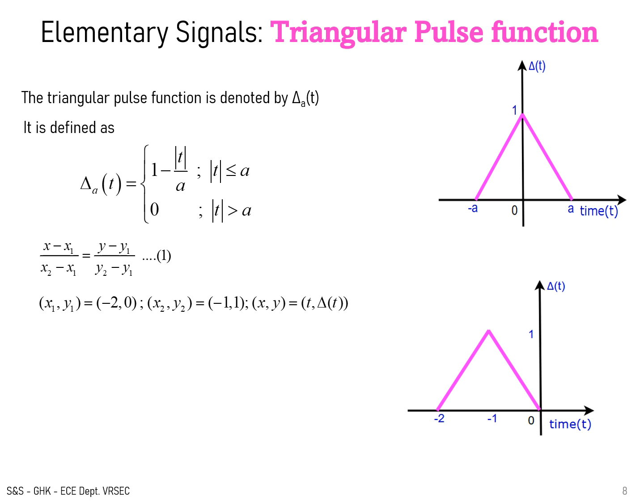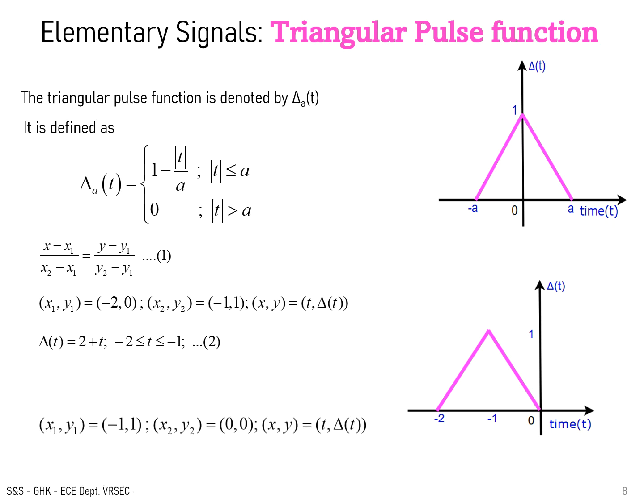Substituting all these values in equation 1, the equation for delta of t, that means the increasing ramp function equation, becomes delta of t equals 2 plus t for t ranging from minus 2 to minus 1.